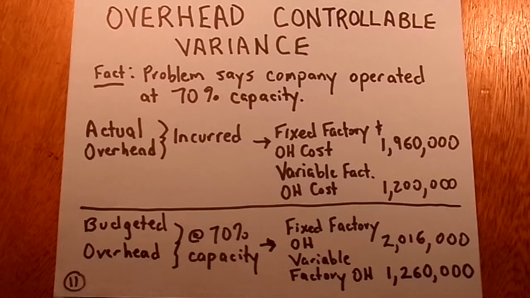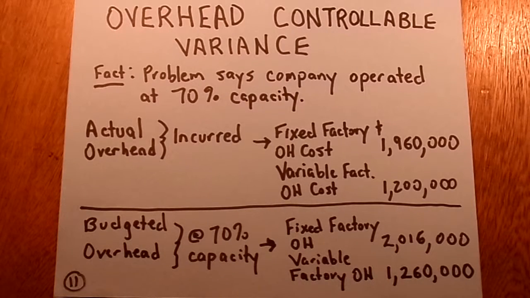Then the budgeted overhead at 70% capacity, and again, the problem written in your book has other capacities, 80, 100, and so on, but we learned that this business is operating at 70% capacity, so they budgeted for being perhaps at higher capacity, maybe even in one case lower capacity, 60% or something like that. This company actually operated at 70% capacity.